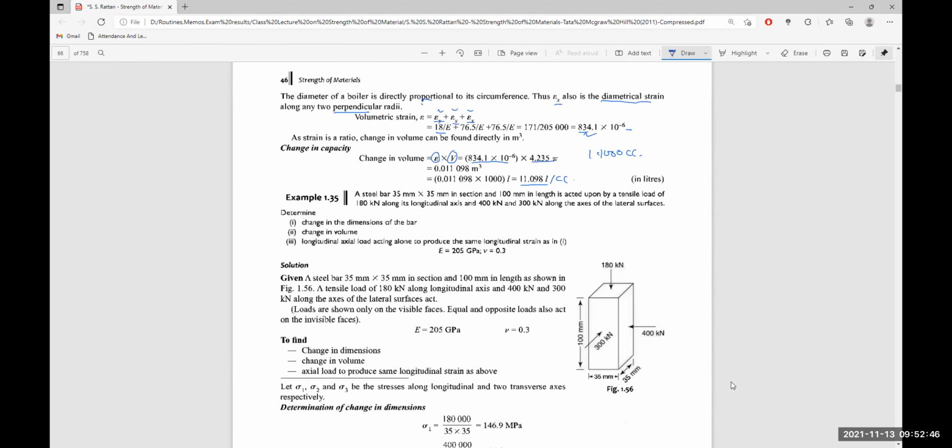Steel bar. What is given here? A steel bar 35 millimeter by 35 millimeter in section.